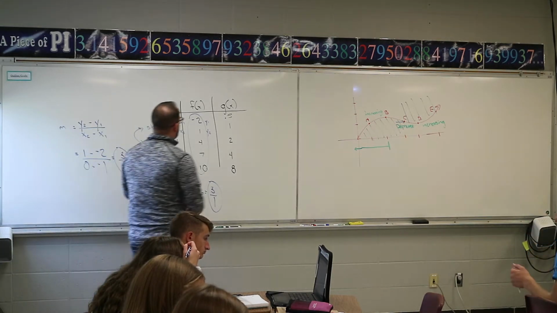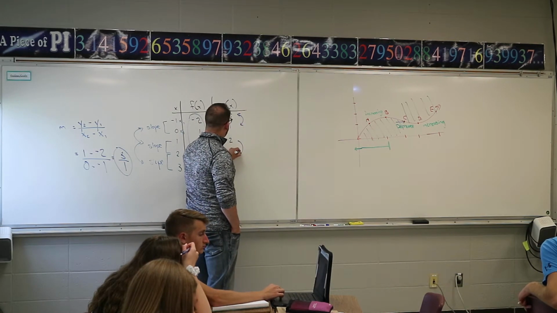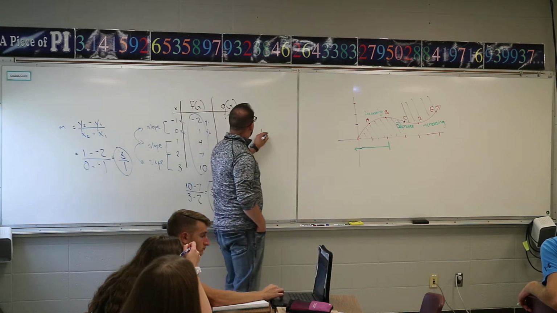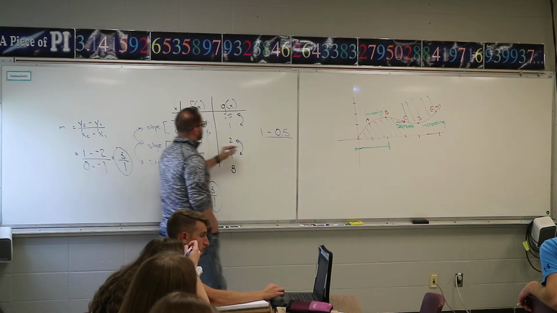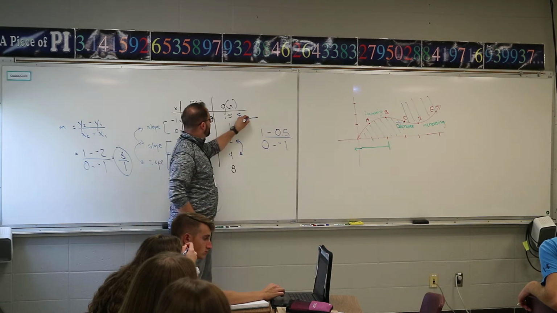On the other one, no matter where you pick, say I pick these 2 and these 2, I don't think they're going to be the same. So let's walk through this. So 1 minus 0.5, I'm subtracting 0 minus -1. So there's that data point. I'm checking this one right now.